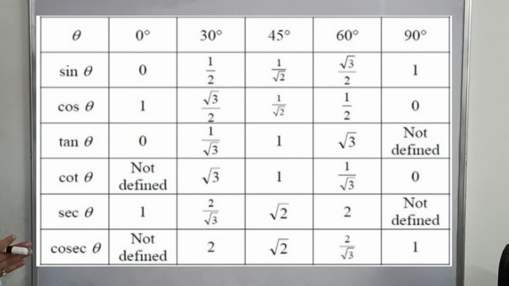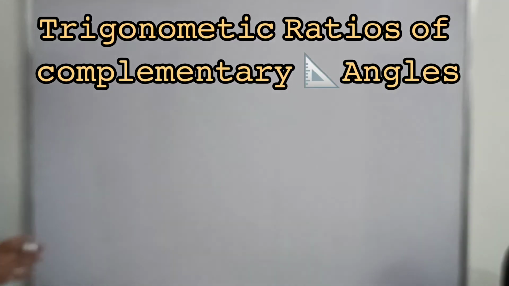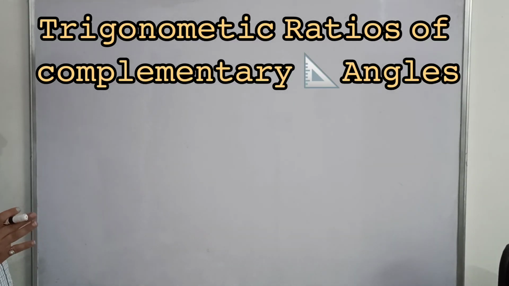And we have also done the evaluation of trigonometric expressions involving these T ratios of standard angles. But in this video, we shall be discussing and using the concept of trigonometric ratios of complementary angles.